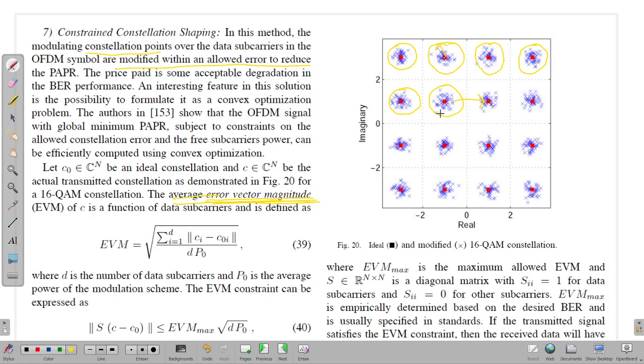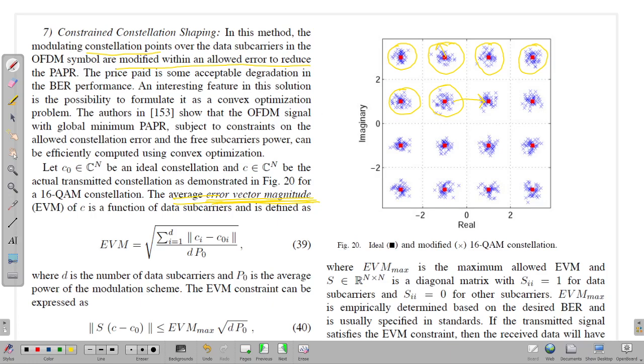The power is not extending outwards a lot. Even though if you change the constellation there will definitely be some variation in the power, you cannot always say that there is an increase in the average transmit power, because the power is also constrained. So those are the constraints that we give.